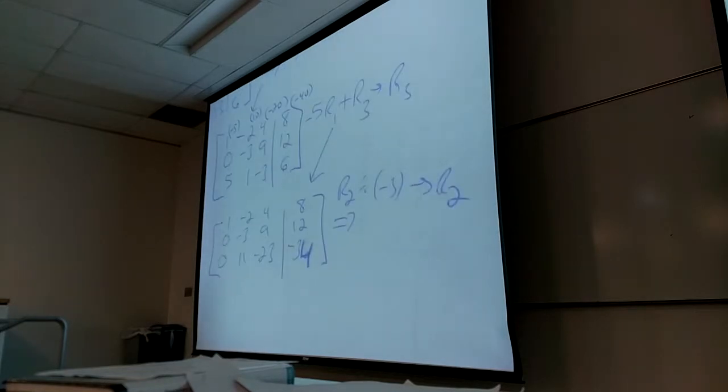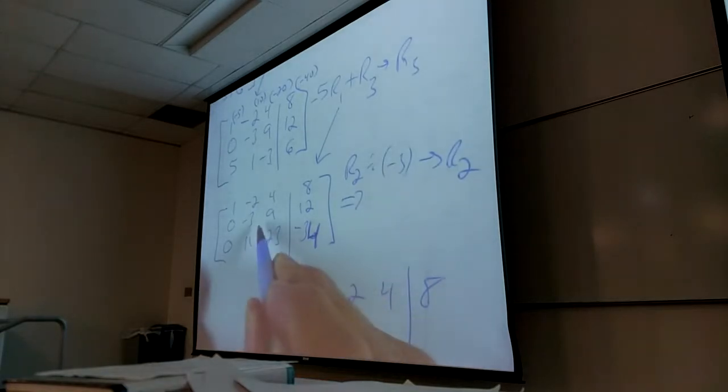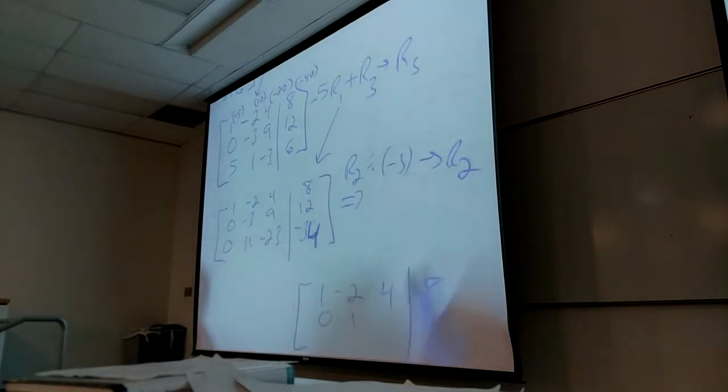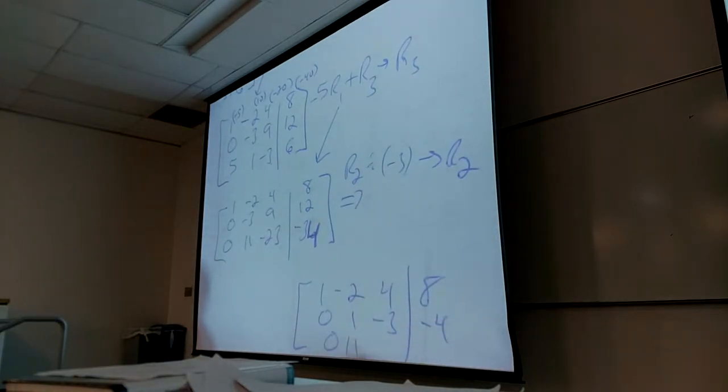I'll show you a few steps here. So then I get 1, negative 2, 4, 8, 0, 1, negative 3, negative 4, 0, 11, negative 23.